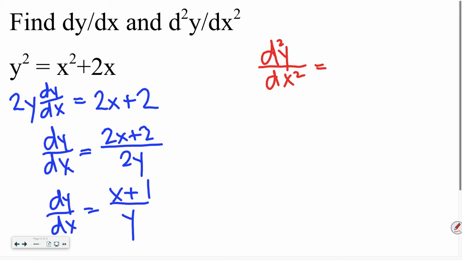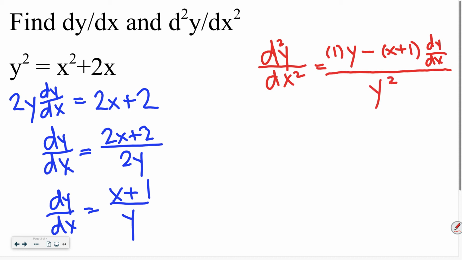Okay, so derivative of the numerator times the denominator minus the numerator times, what's the derivative of the denominator? Dy dx. All over denominator squared. Okay.